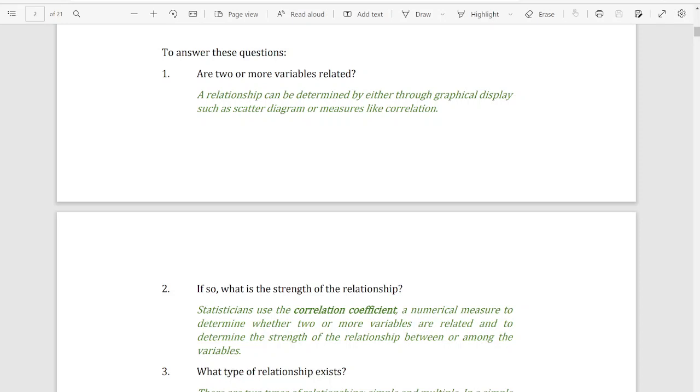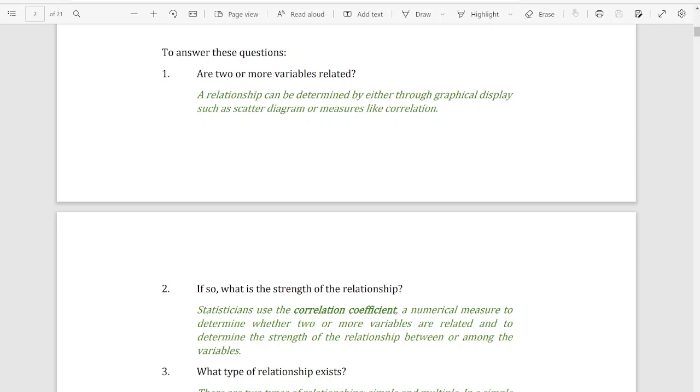Kalau kita nak lihat sama ada dua ataupun lebih pemboleh ubah itu berkait ataupun tidak, mempunyai linear relationship ataupun tidak, kita boleh lihat melalui scatter diagram ataupun plot serakan.